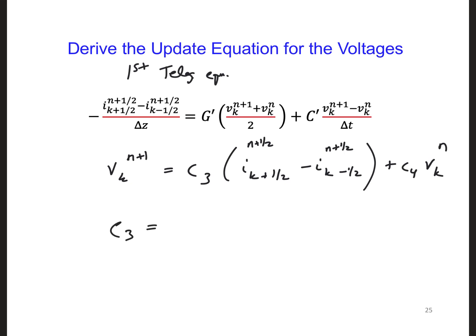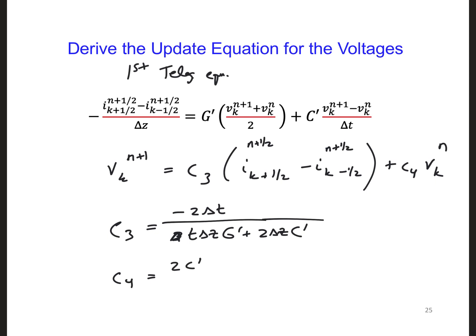And here, the C3 coefficient is 2 delta t over delta t delta z. I will provide these later when you're actually programming it. C4 involves C prime.